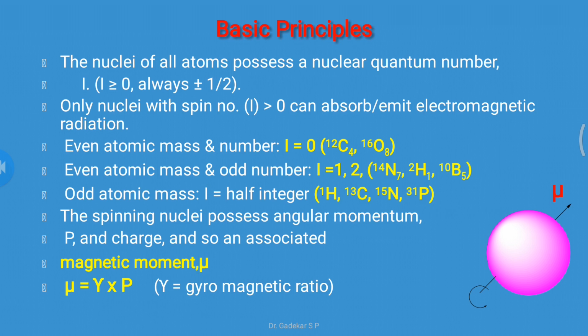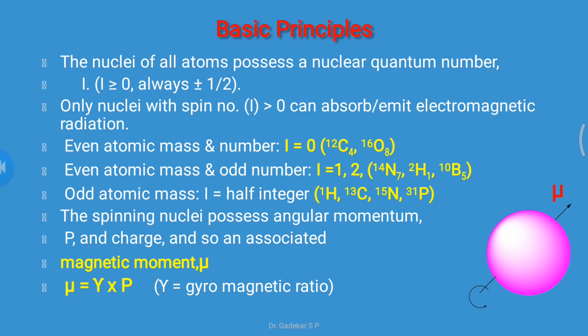They are always plus or minus one half, not equal to 0. Only nuclei with spin quantum number I greater than 0 can absorb or emit electromagnetic radiation.